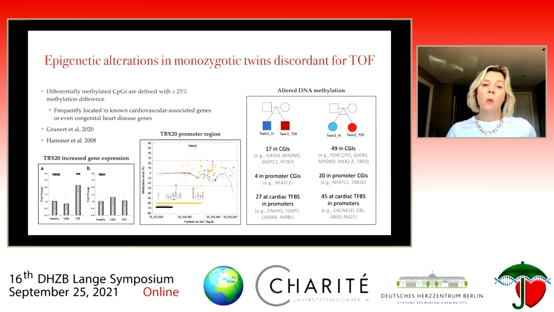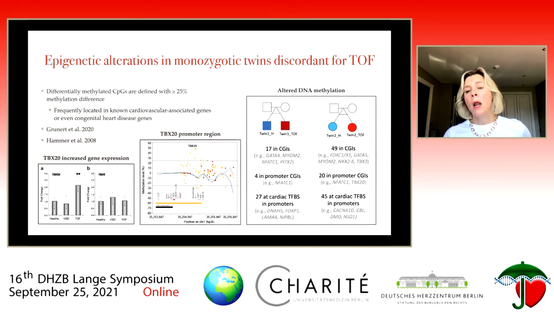Particularly one which came to our interest was the TBX20 promoter region, because years ago, in 2018, we had already identified TBX20, a very important transcription factor, to be not genetically altered in TOF, because we did a big screening on that gene at the time, but we found it to be differentially expressed.